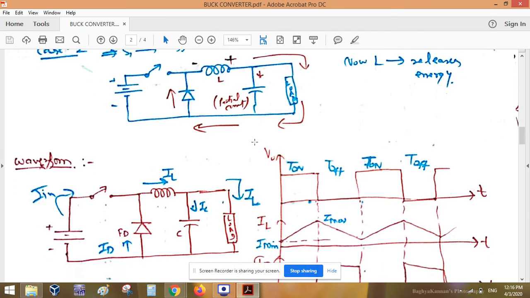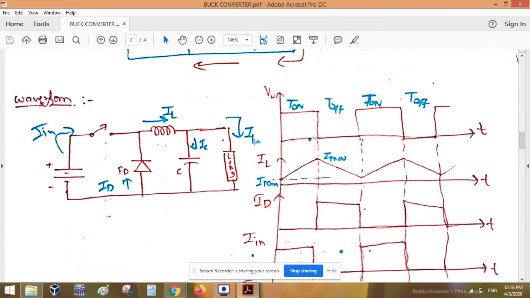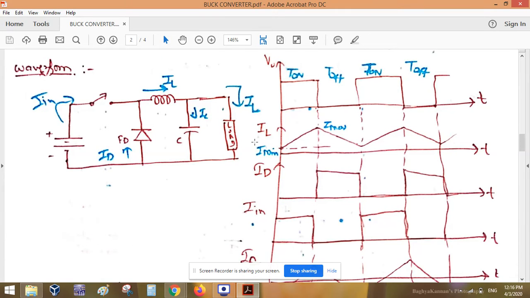Move to the next: the waveforms. What are the output waveforms?